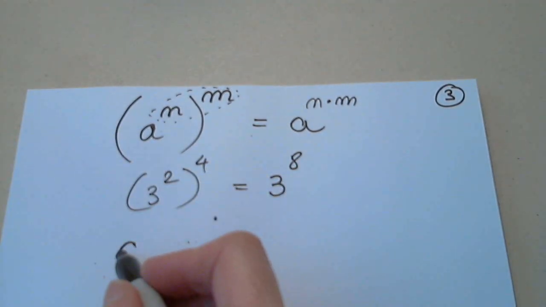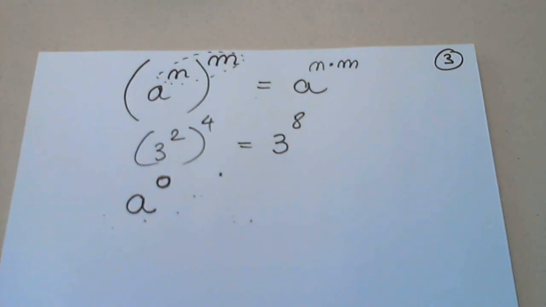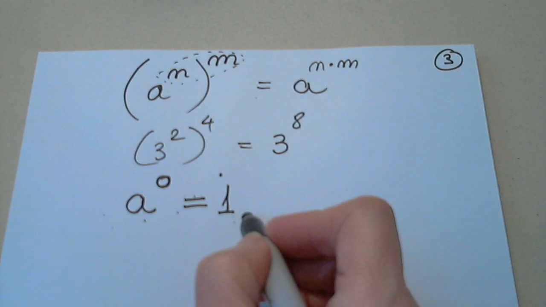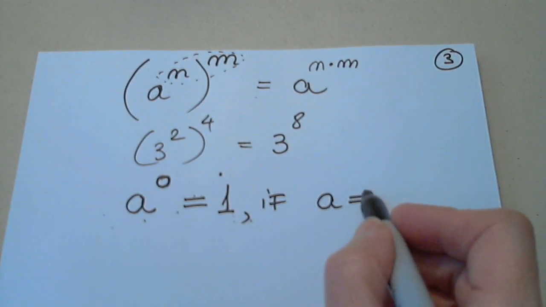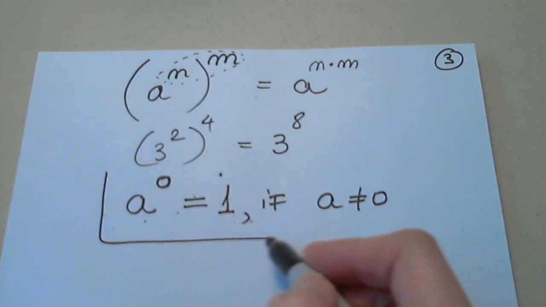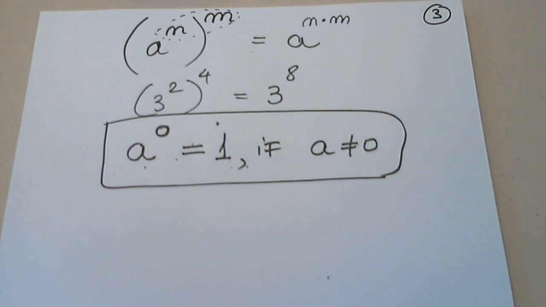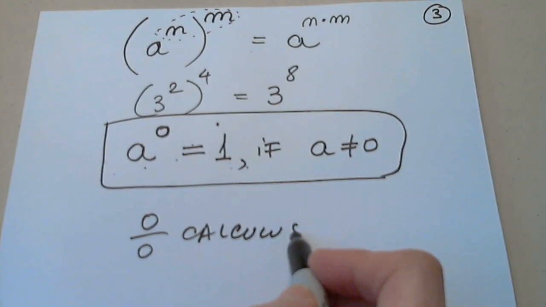Good. One more for now, and then we'll talk about evaluating those. Okay. A raised to 0. The answer will always be 1, but there is a catch. If A is not 0. Remember last time I said 0 over 0, you have to wait till calculus.